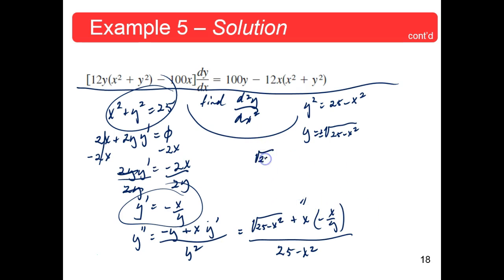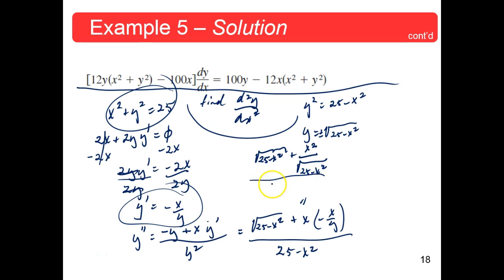Square root of 25 minus x squared plus x squared over, oh, we still got a y in there, don't we? Plug that back in. The square root of 25 minus x squared. I should be keeping up with my signs better than I am.